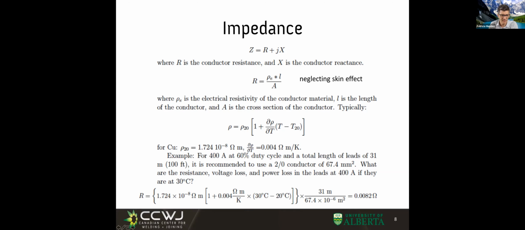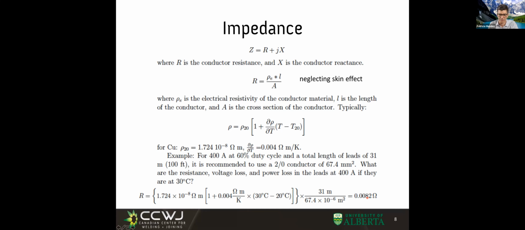So the resistance is resistance at 20 degrees times this correction factor, this is the difference between 30 degrees and 20, which is actually quite small. And then times the length of the cables divided by the cross-sectional area. Of course, we have to use consistent units. So we have to convert the square millimeters to square meters.